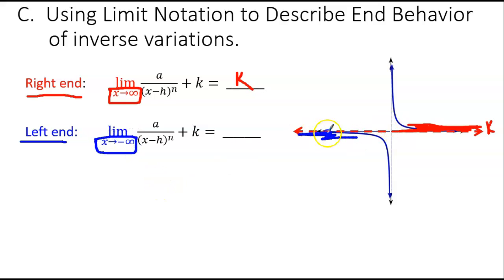On the left end of my graph, which is over here, we're also approaching k. So it doesn't matter whether x approaches infinity or negative infinity. On either side of your graph, you're approaching the same y value of k, which is your horizontal asymptote. Okay, so that's the end behavior of an inverse variation.